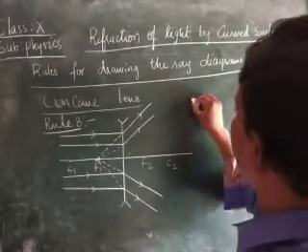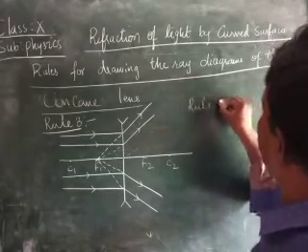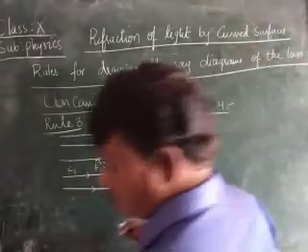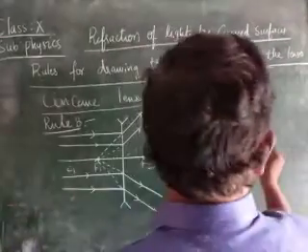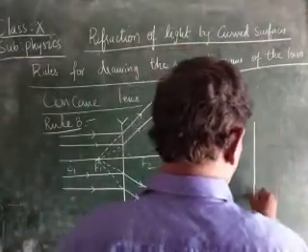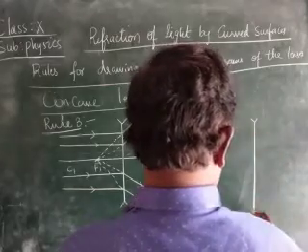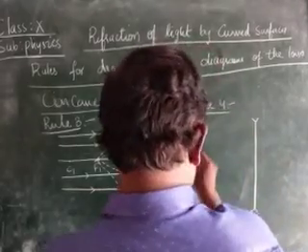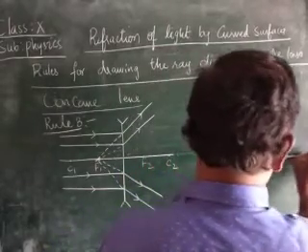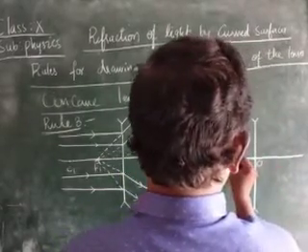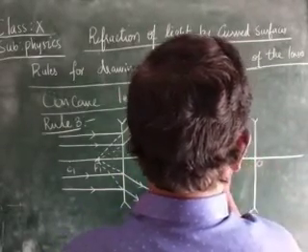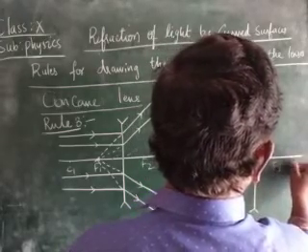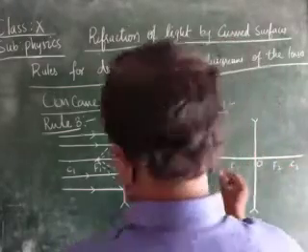Rule 4, children. For rule 4, this is the optic center, F1, C1, F2, C2.